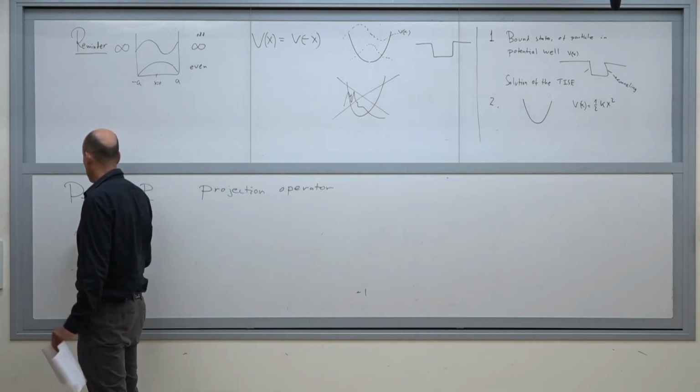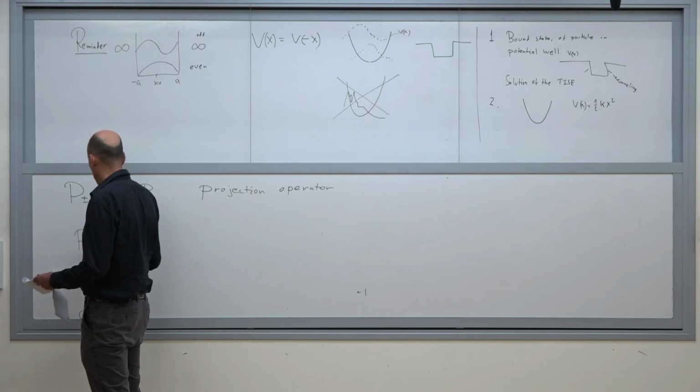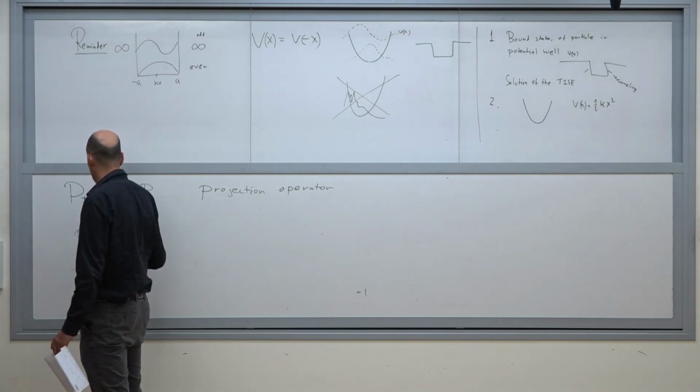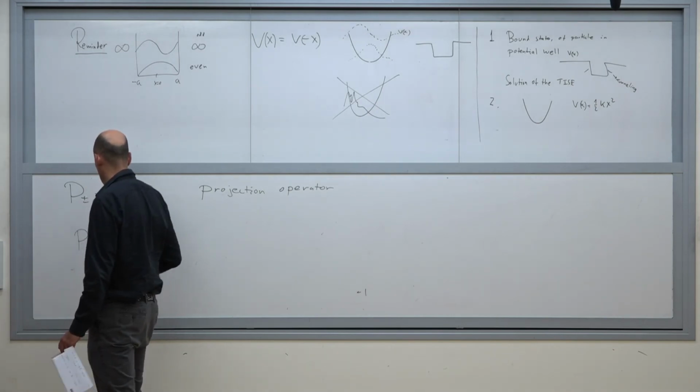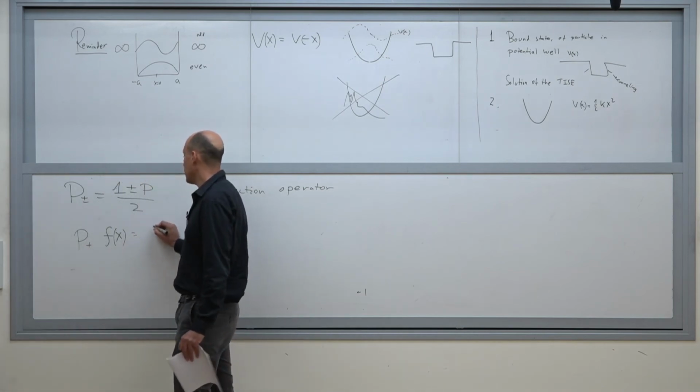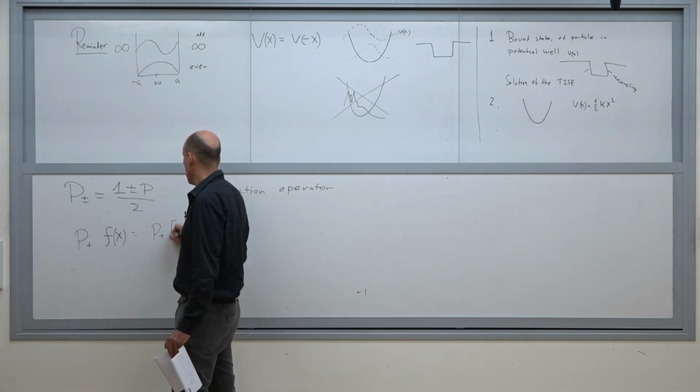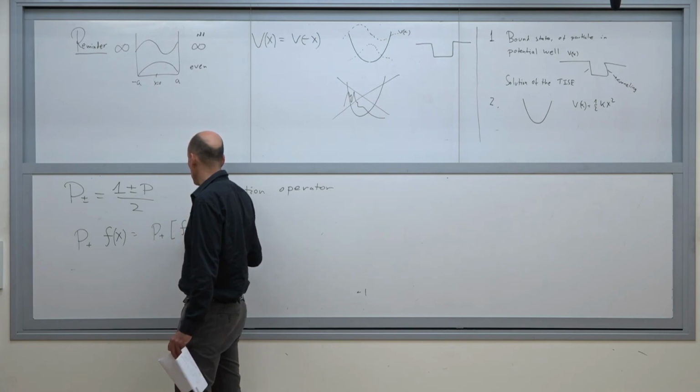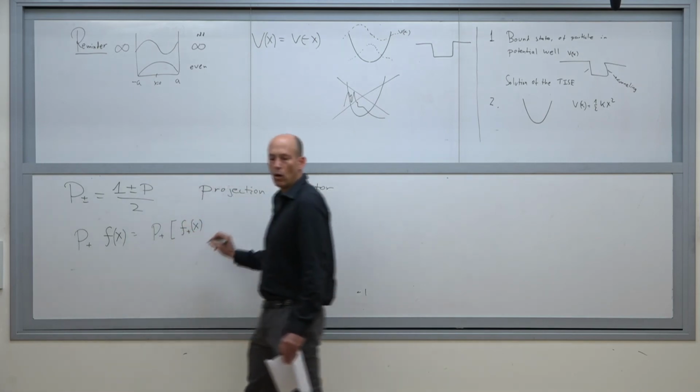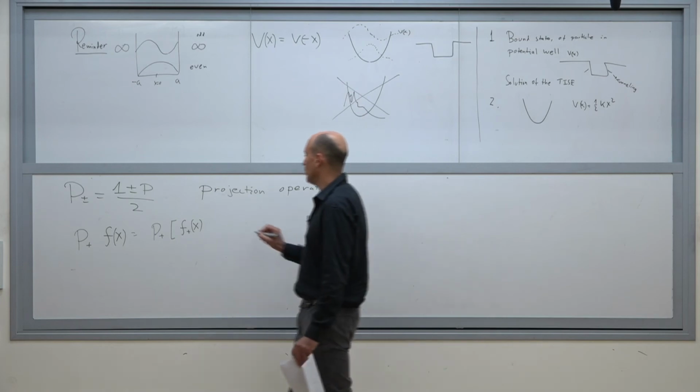Let's say P plus acting on some function f of x. Now, every function f of x I can write as a combination of an even function plus an odd function.